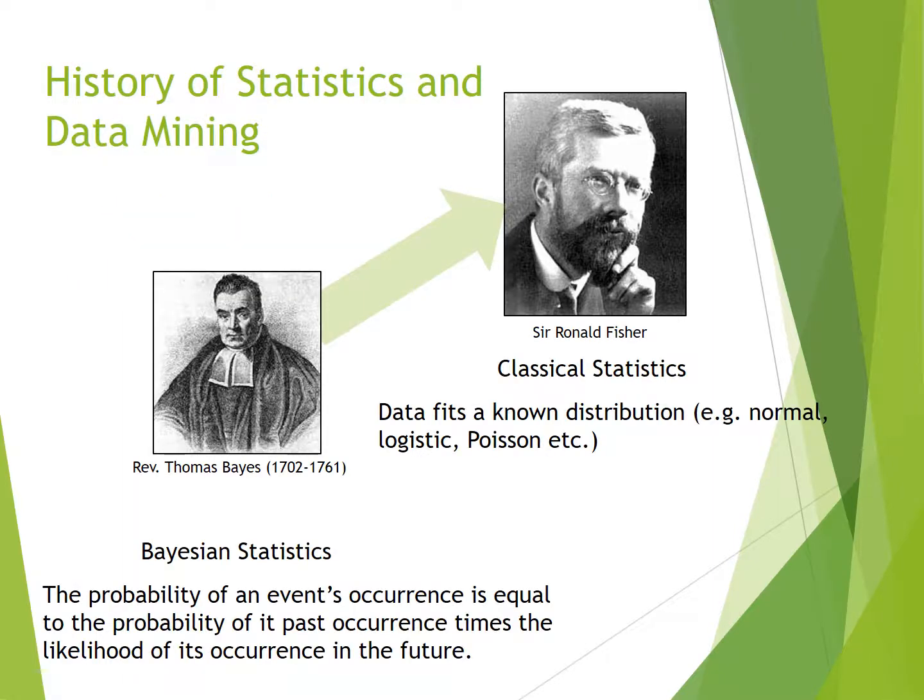So as you know, statistics basically has 2 main schools of thought. One originated by Thomas Bayes, and the other by Sir Ronald Fisher. In Bayesian statistics, the probability of an event's occurrence is equal to the probability of its past occurrence times the likelihood of its occurrence in the future.